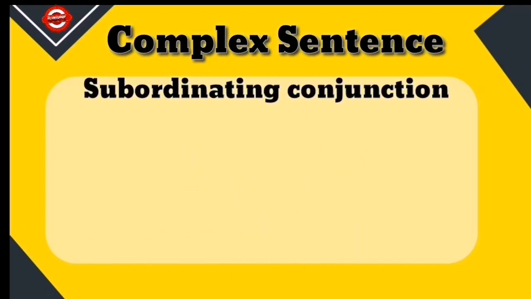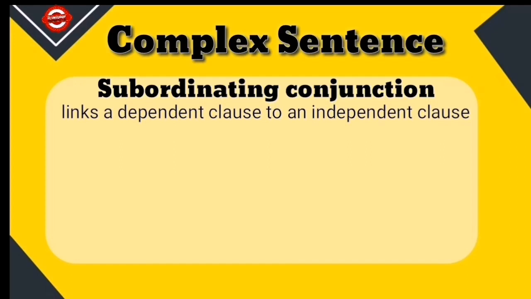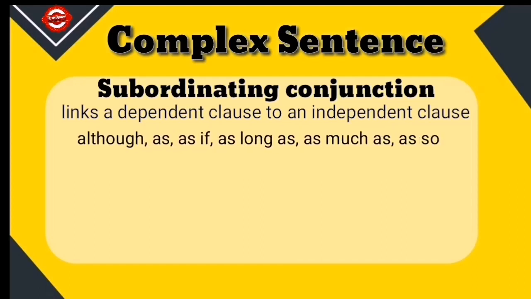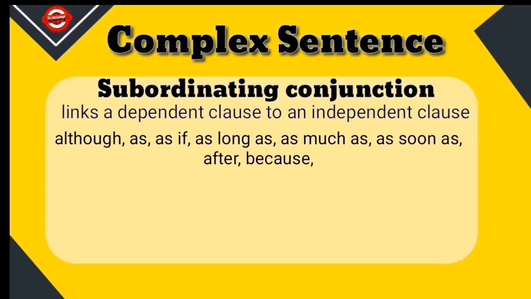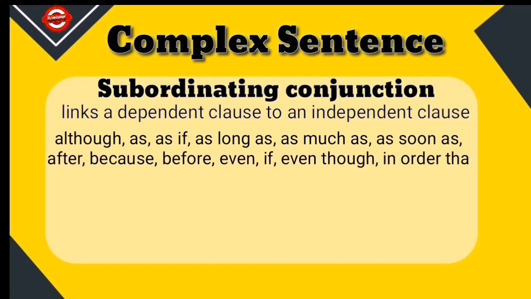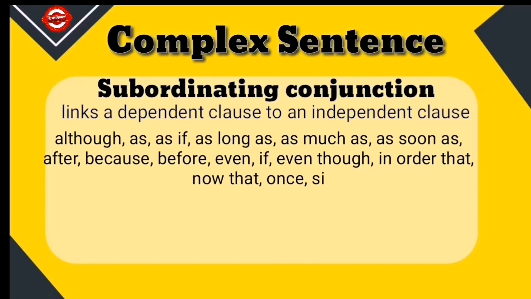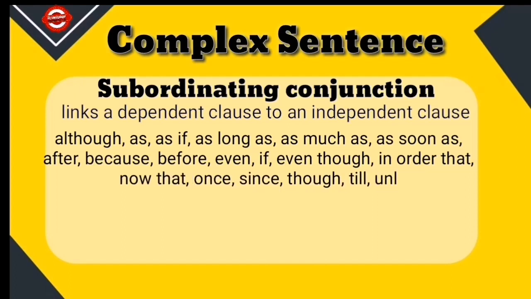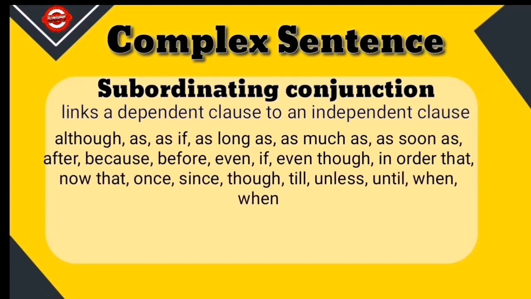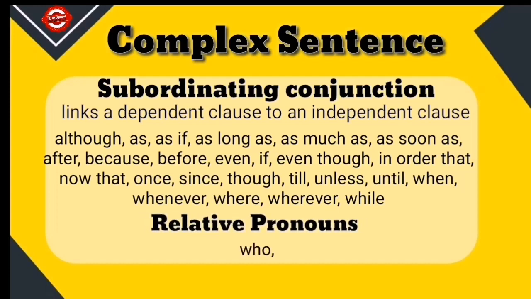These are the subordinating conjunctions that link a dependent clause to an independent clause, such as although, as if, as long as, as much as, as soon as, after, because, before, even if, even though, in order that, now that, once, since, though, till, unless, until, when, whenever, where, wherever, while, or even the relative pronouns like who, whom, whose, that, or which.